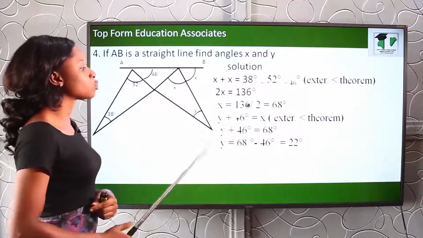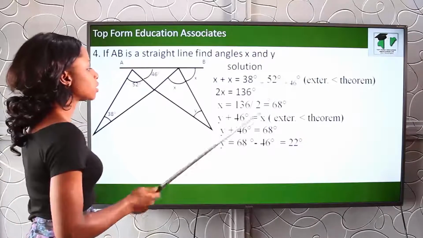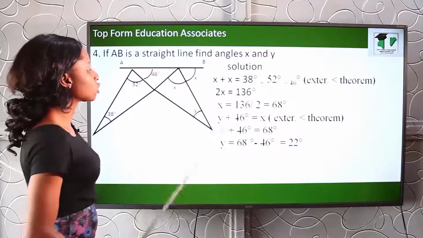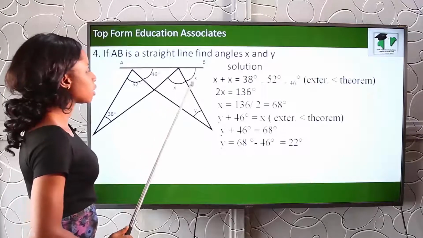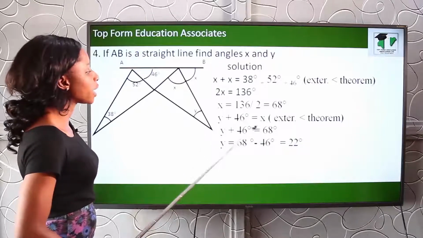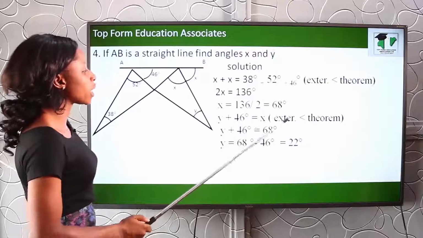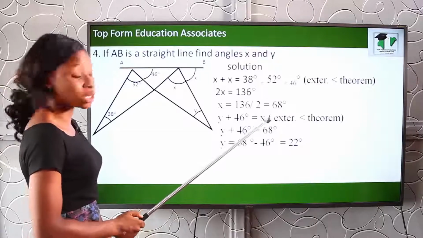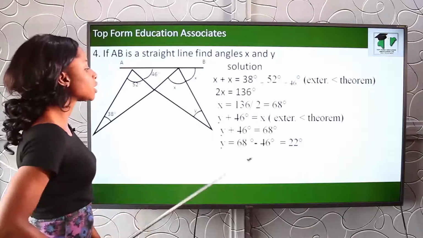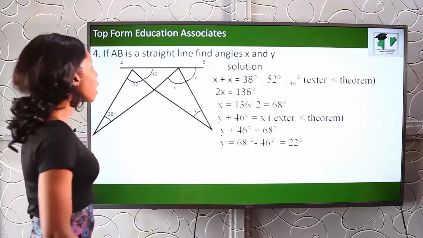To get x, we divide 136 by 2 and get 68 degrees. Now, to get y, y plus 46 degrees equals x, using the exterior angle theorem. If we do the sum, we get 22 degrees as our answer.